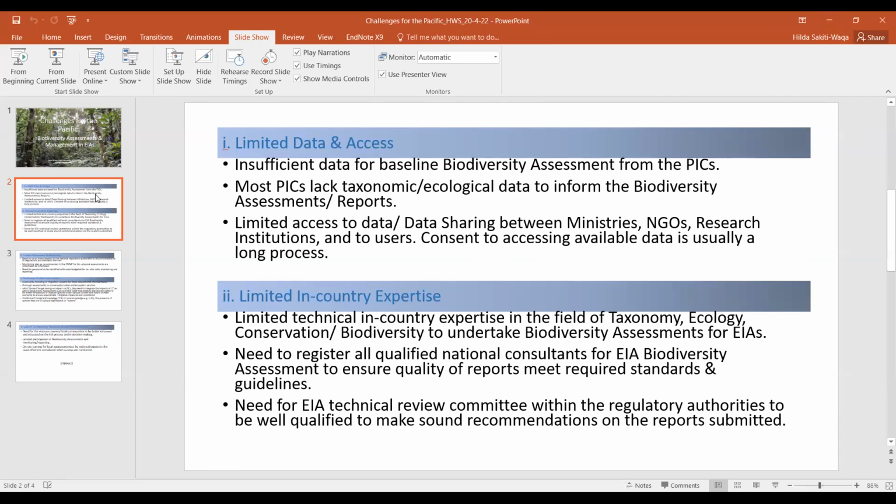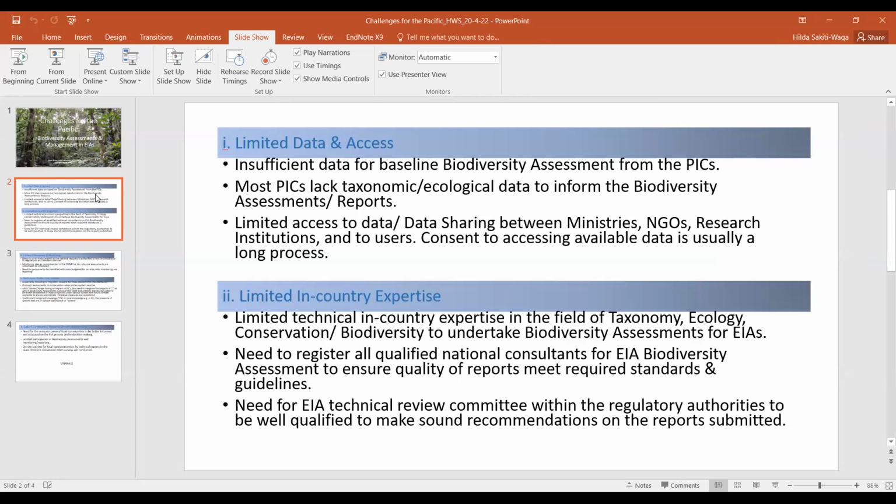The other category is due to limited in-country expertise. And I believe this is for most Pacific Island countries. There's limited technical in-country expertise in the various fields of taxonomy, ecology, conservation, and biodiversity to undertake biodiversity assessments for EIA.